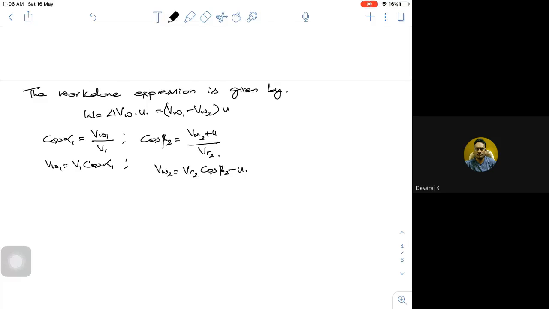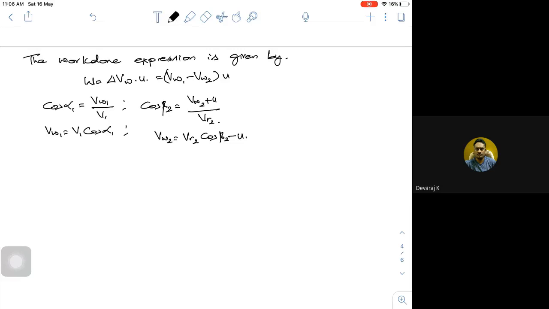So when I substitute in my regular expression, W is equal to V1 cos alpha 1 minus VW2, and minus of minus will be plus.